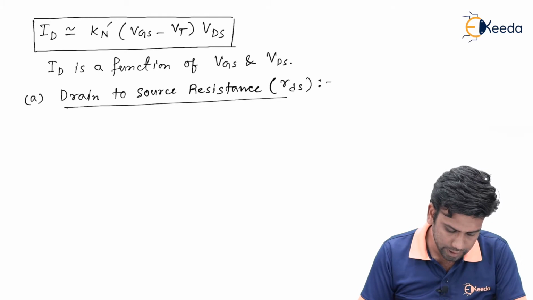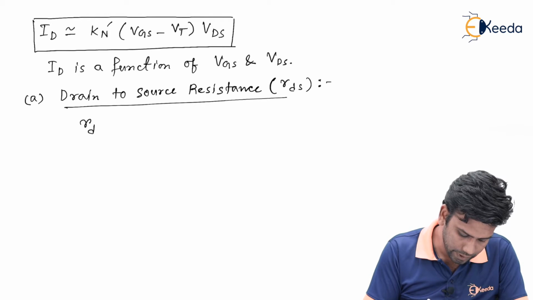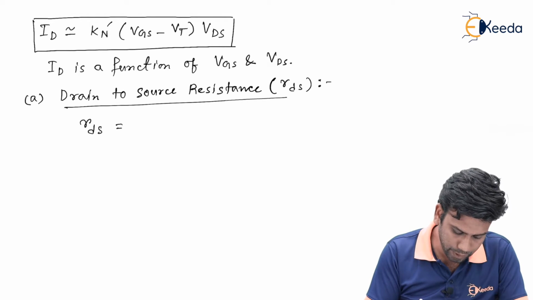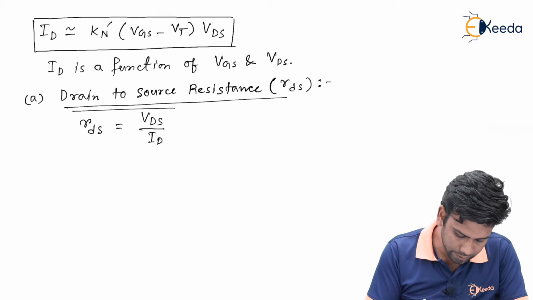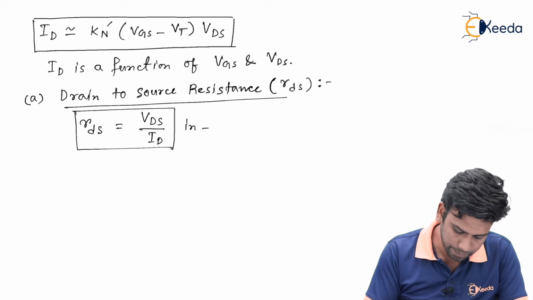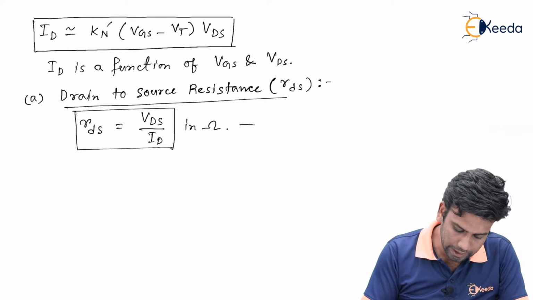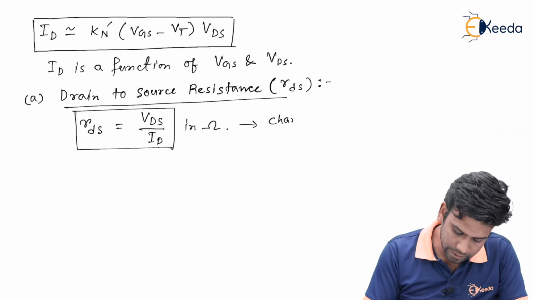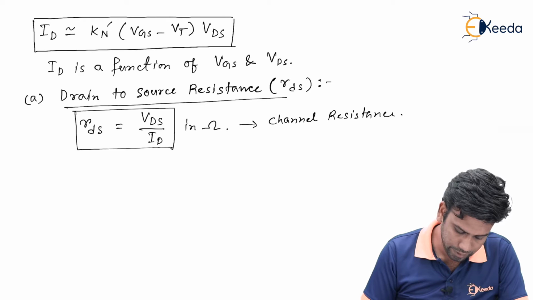So let us find drain to source resistance, and this RDS is defined by the equation voltage drain to source divided by ID. So this equation will give the value of RDS in ohm, and this RDS is also called the channel resistance of the NMOS.